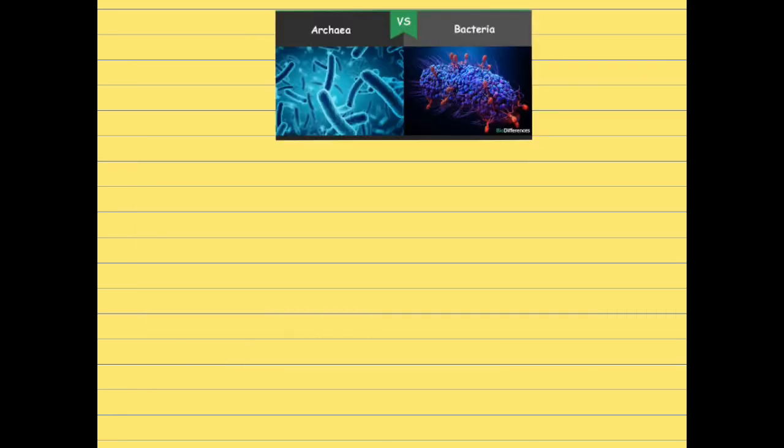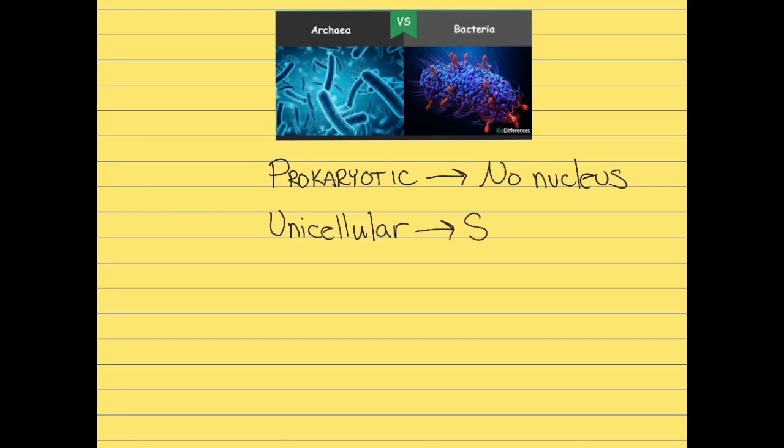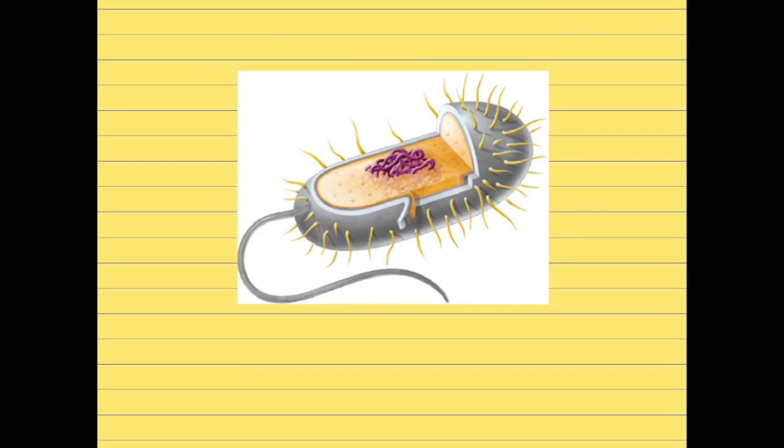So let's get into some of the characteristics of Archaea and Bacteria. First up, they are both prokaryotic, meaning they don't have a nucleus. They are both unicellular, meaning they are made up of a single cell. Bacteria and Archaea's cells are pretty basic.